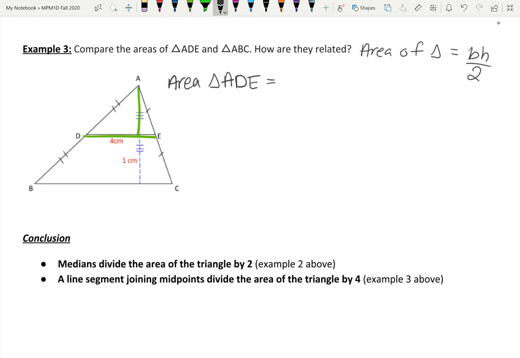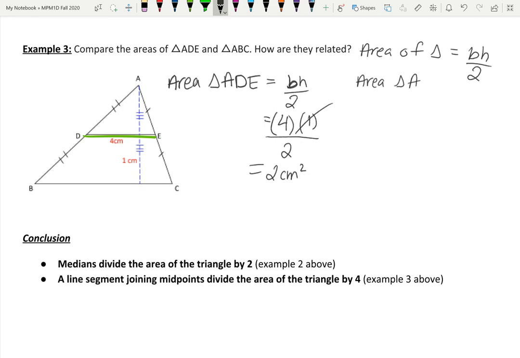The base is 4, and the height, it's indicated by these 3 ticks that it's the same as this height, so it's 1 centimeter, over 2. So 4 times 1 is just 4. 4 divided by 2 is 2 centimeters squared.